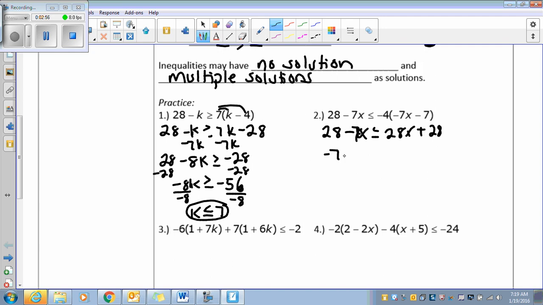In that case, you're left with negative 7x is less than or equal to 28x. Now, we aren't done yet because we still want to get the variables on the same side, so we could subtract 28x here, and we'd have negative 35x, and we'd be left with nothing on this side. Now, if we divide by a negative 35 to get x alone, we're going to have to flip this inequality symbol, so we're left with x is greater than or equal to 0.